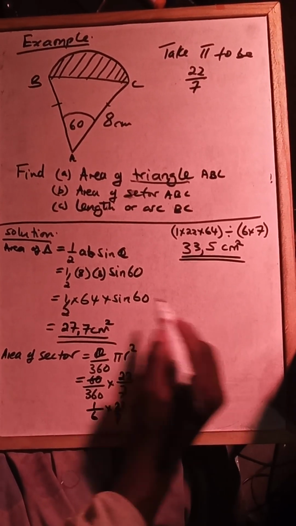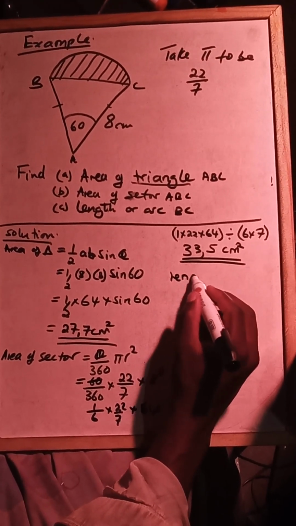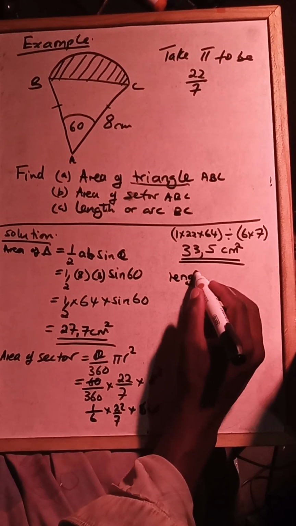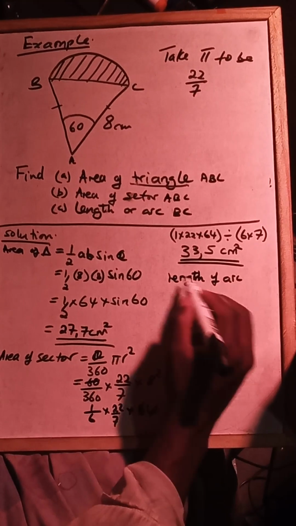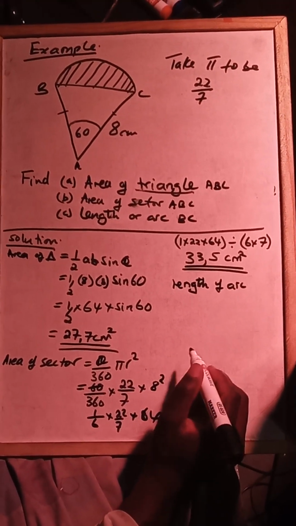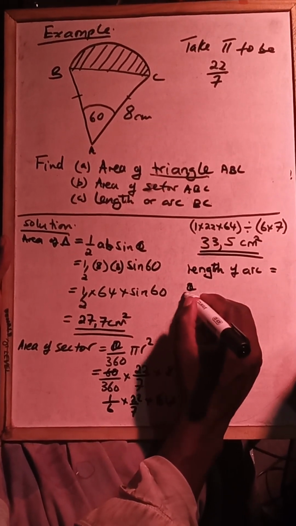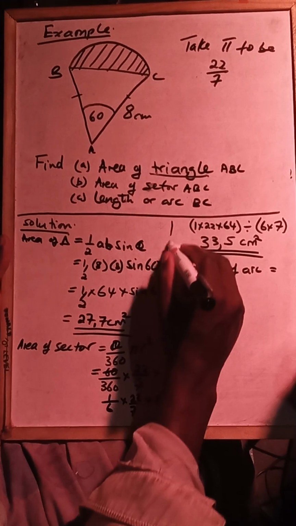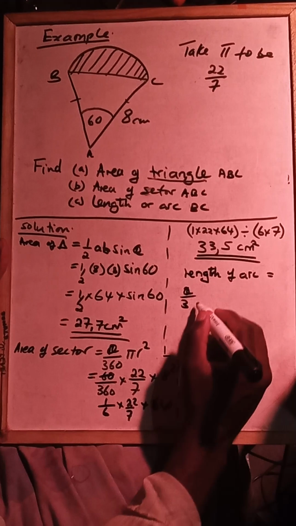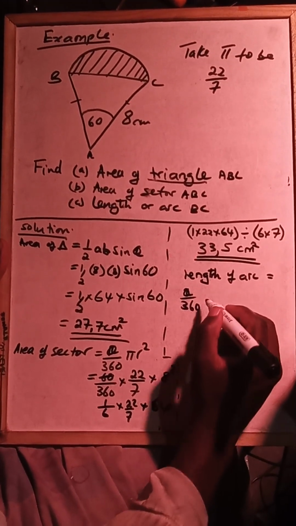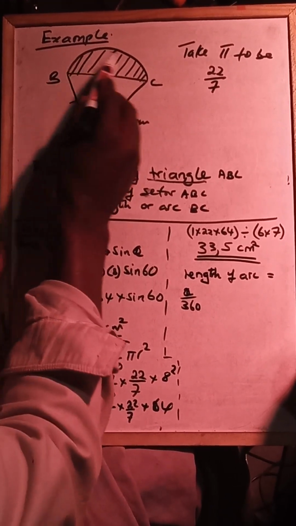So in this case, 27 for area of triangle and 33 for area of a sector, then that's fine. Let's go to C, which means we are finding length of arc. How do you find the length of arc? The formula is theta over 360 pi d, because we want to talk of the length of the circumference.